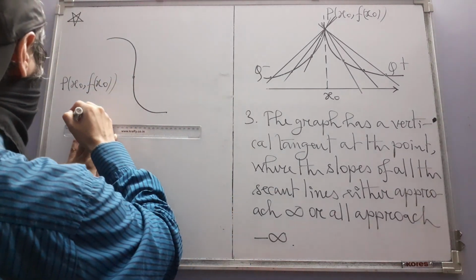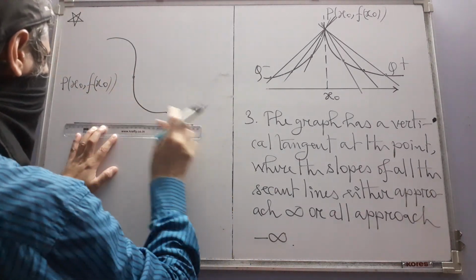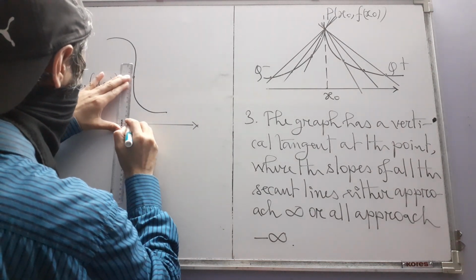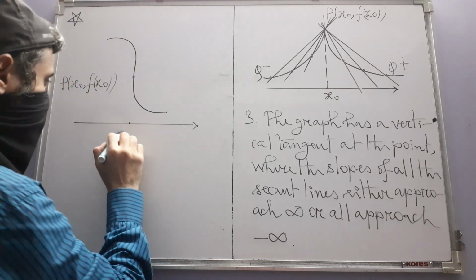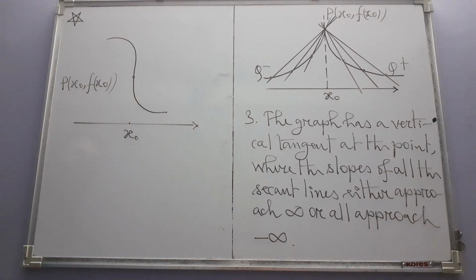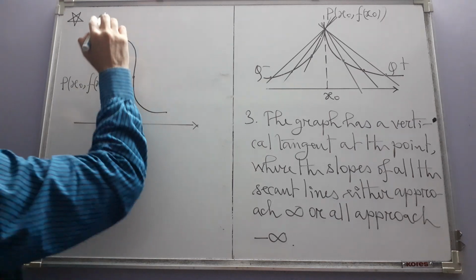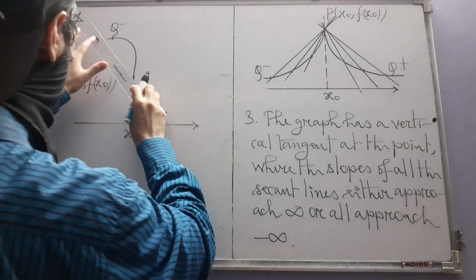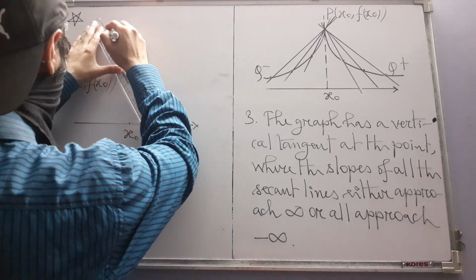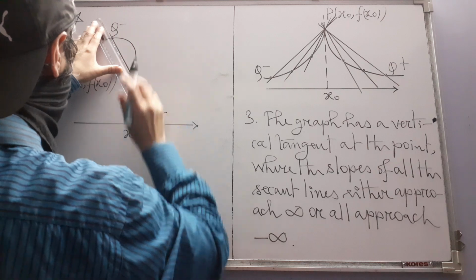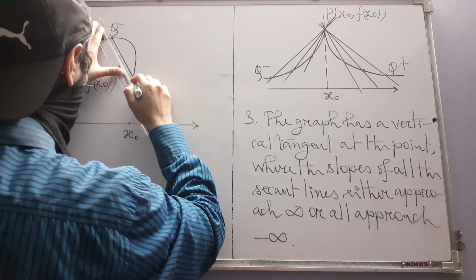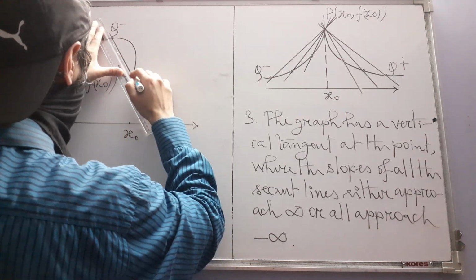And again, for convenience, we are going to draw our x-axis so that we can locate the point x0. Let me first take a point Q to the left of P. So that will lie here, Q negative. So now our secant is going like this. Let me extend this line.